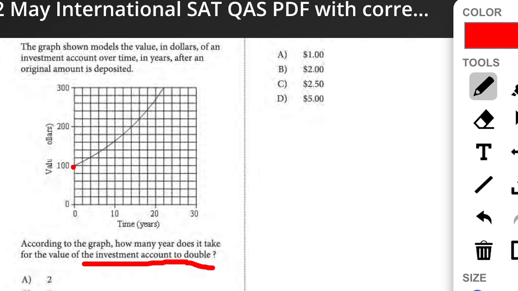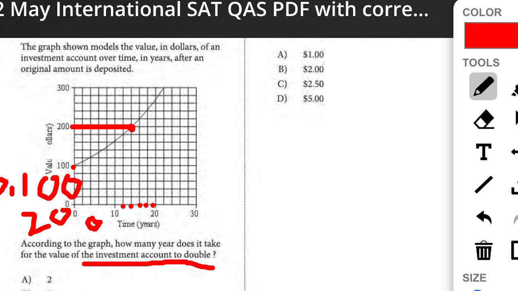You can see that at 0 years it's 100. So 0, 100 is a point. Now when does it double? What's twice of 100? 200. So how many years does it take for it to become 200? Well, 200 is right here. If I extend the line, I'm thinking about this point. How much is the x-axis incrementing by? I think by 2: 2, 4, 6, 8, 10, because this is 1, 2, 3, 4, 5, divided by 2.